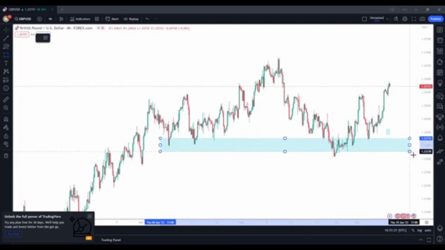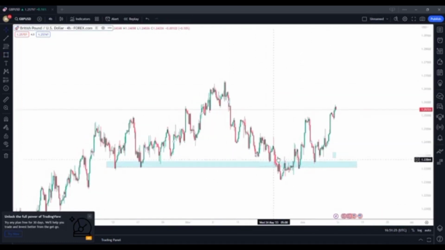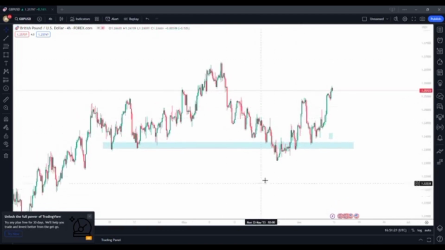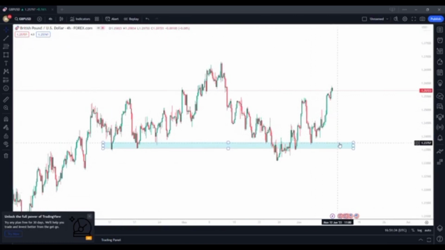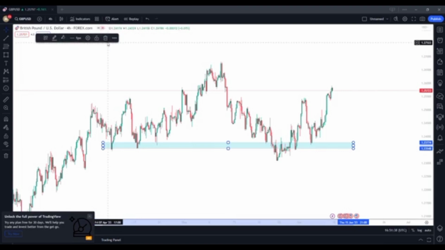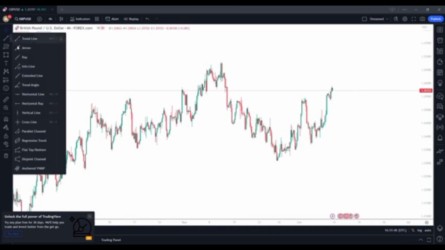If we look at this particular zone, we discover that the market has been bouncing off. Let me remove this one. So we discover that the market has been bouncing off that particular zone. Let me use a line. Let's first identify the resistance point.